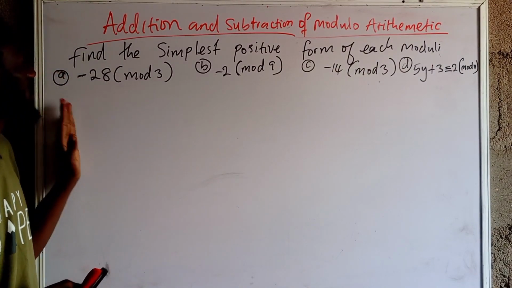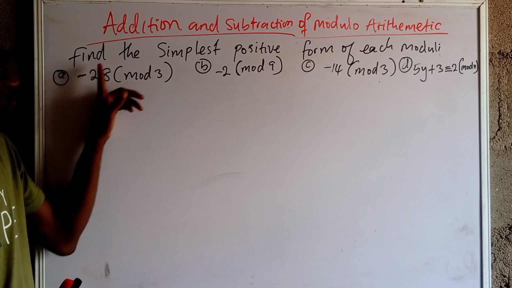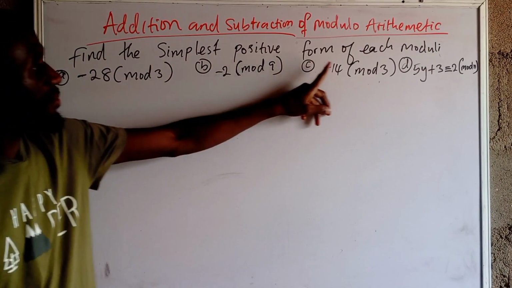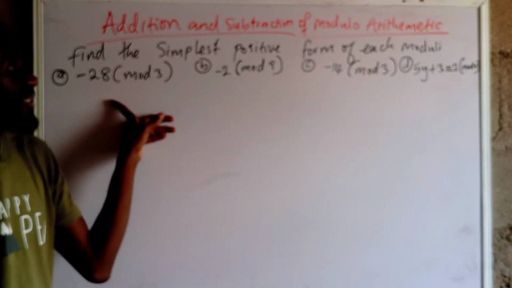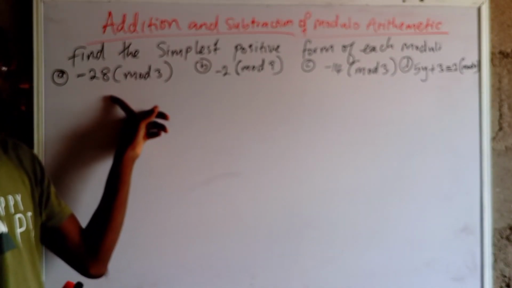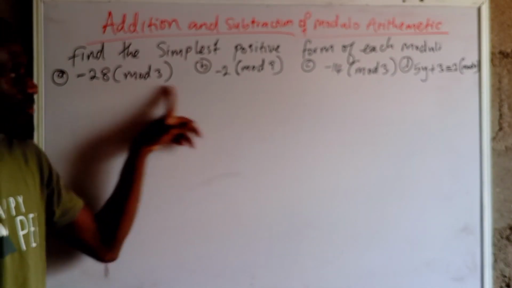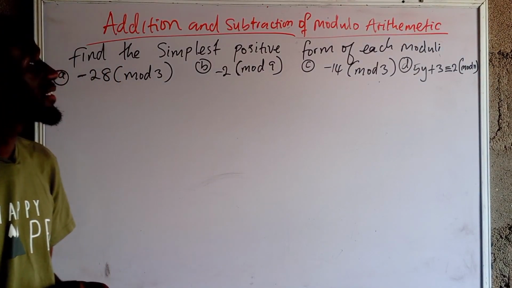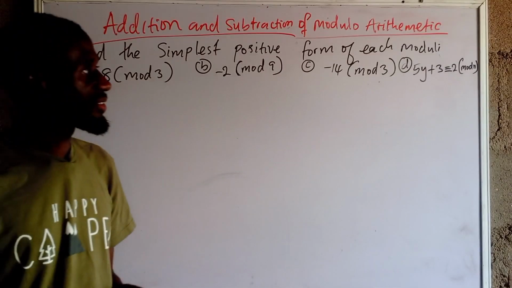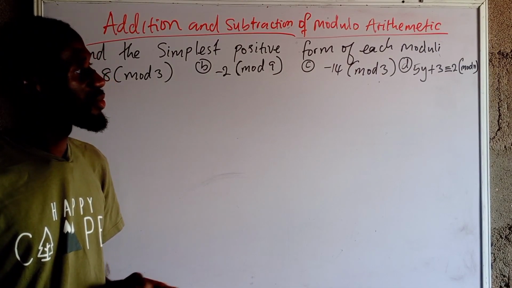In this example, we are to find the simplest positive form of each modulo. As you know, the plural form is moduli and the singular is modulo, like radii as a plural and radius as the singular.